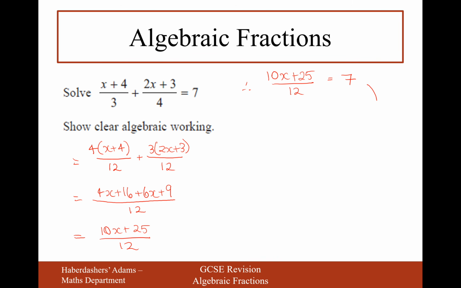Okay, so now we're going to times both sides by 12. That will cancel out the 12 on the left-hand side, so that will leave us with 10x plus 25 equals 7 times 12 is 84. Let's subtract 25 from both sides.